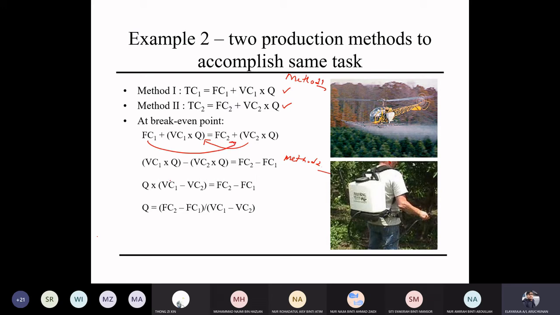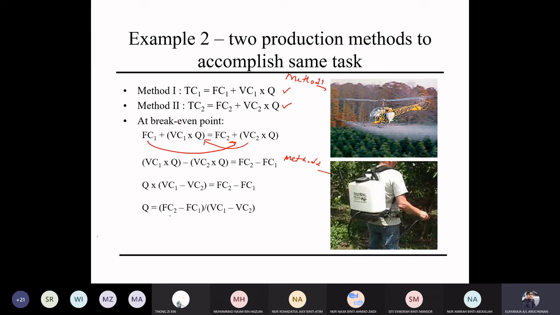Now you just factor the Q, because this is the quantity we are looking for. So it becomes Q times (VC1 minus VC2) equals FC2 minus FC1. Now you can easily calculate. You express the quantity, the number of trees, in terms of the other variables.